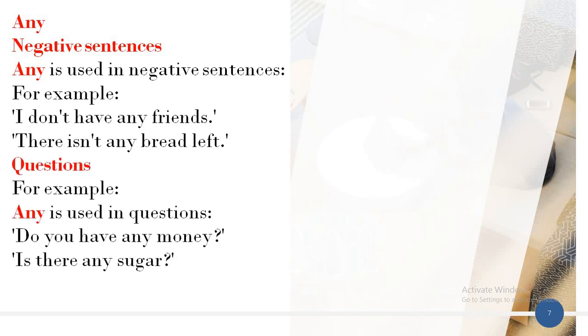And also we use any with questions. For example, any is used, as I said, with questions or in questions. Example, do you have any money? So this is a question. Do you have any money?